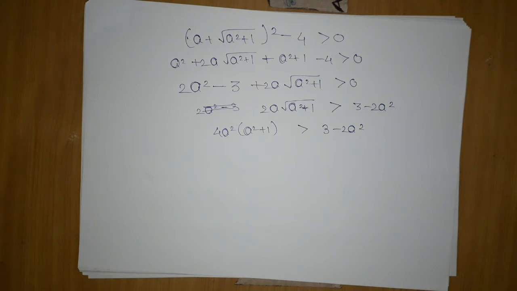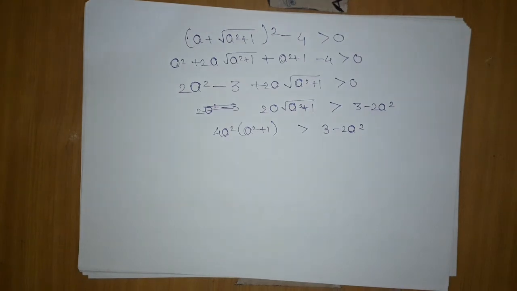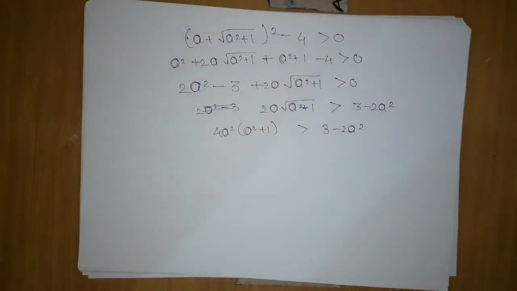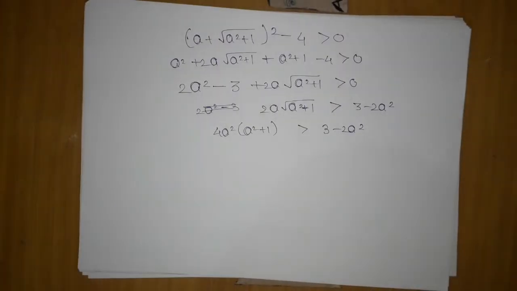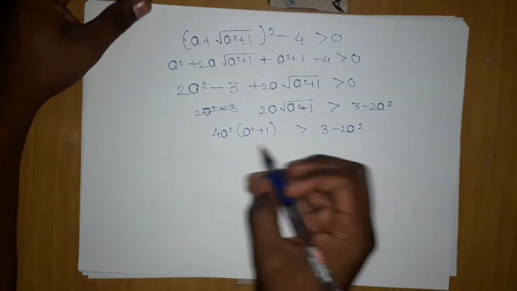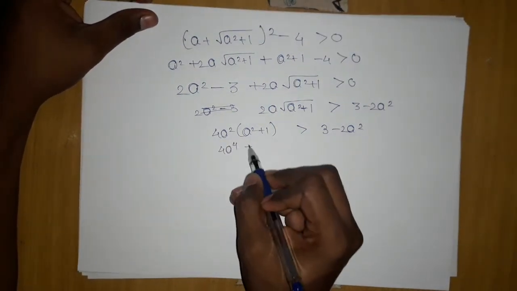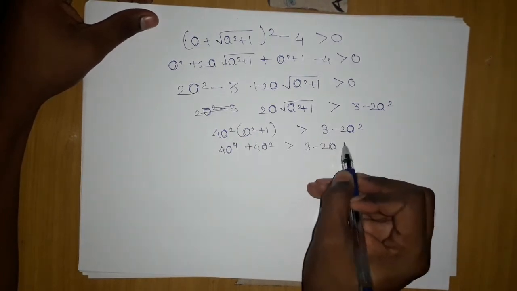So 4 minus 4a square plus 2, a square plus 1. Was there a minus term? No, there was no minus term, it is straightforward. So 4a square plus 4a square greater than 3 minus 2a square.